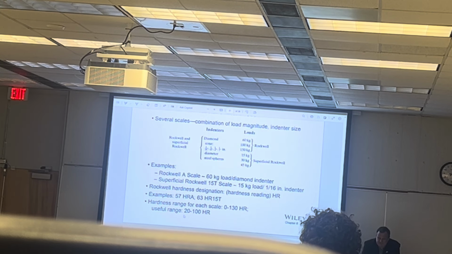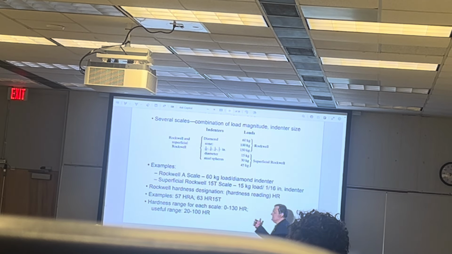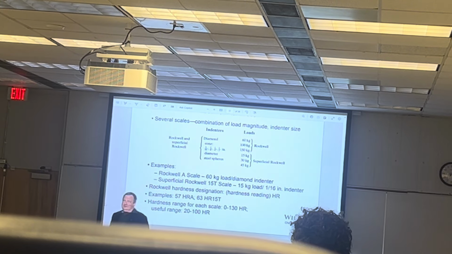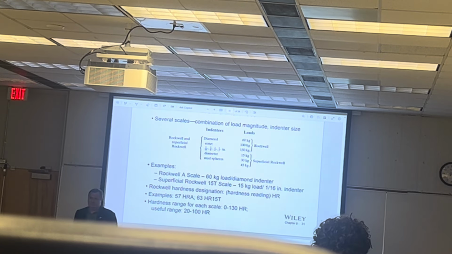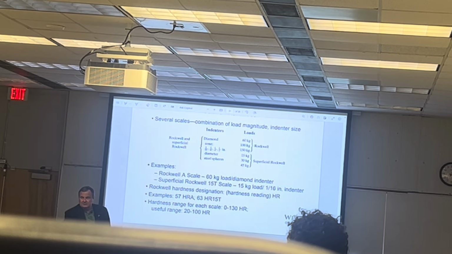So all of this is very confusing, and unless you are in this business, I don't remember what those scales mean, because there's so many of them. If I take a diamond and I apply 150 kilograms, I'm going to make a big hole, because this plastic is soft.